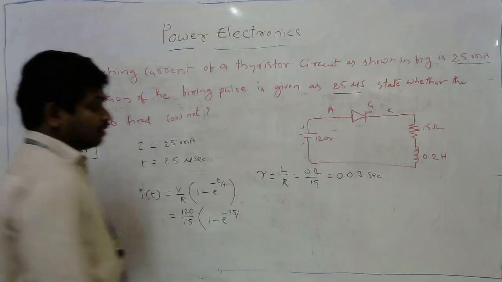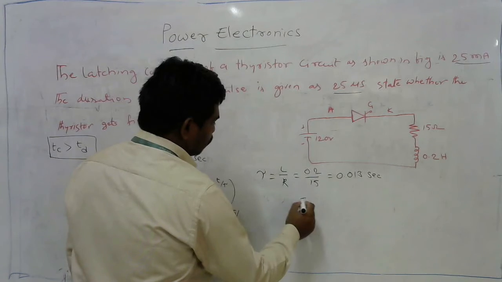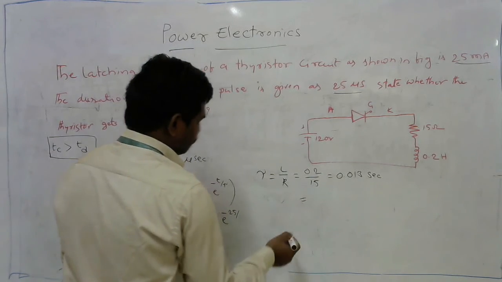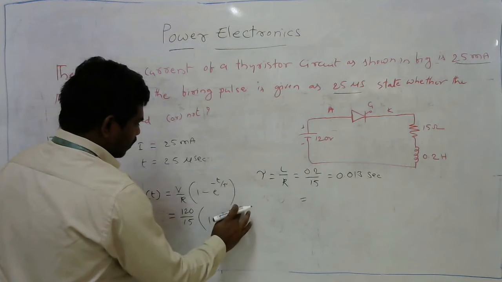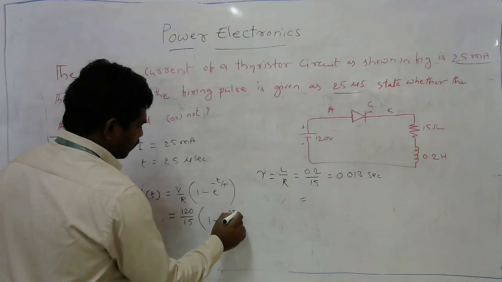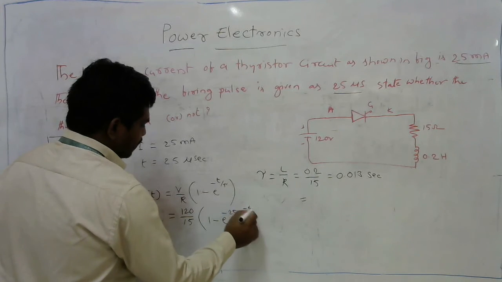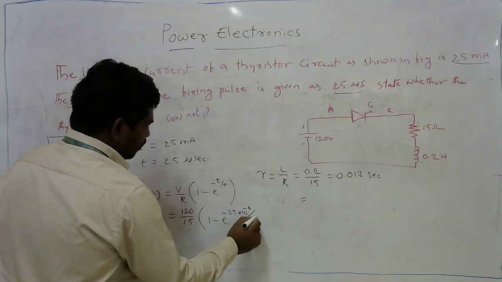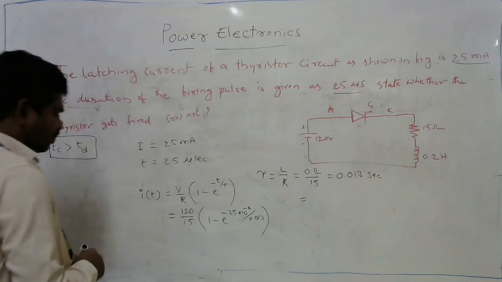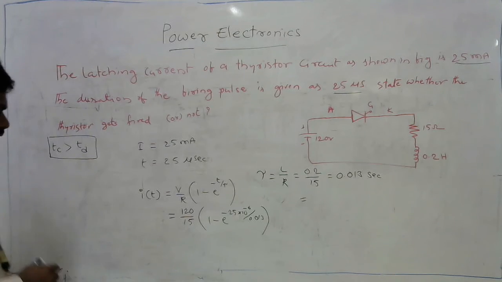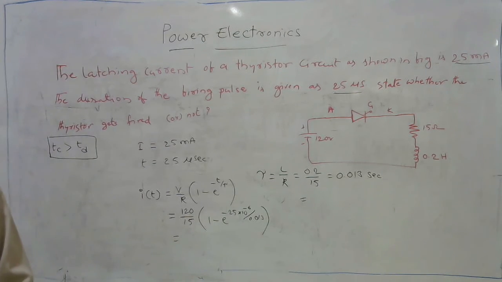After getting this, you can convert this value into microseconds also, or otherwise you can keep the 10 power minus 6 and 0.013 like this.